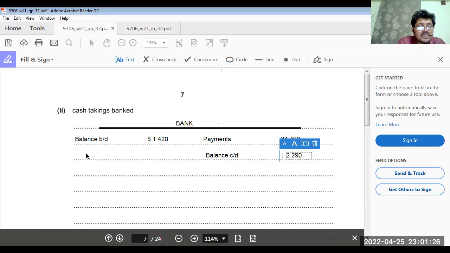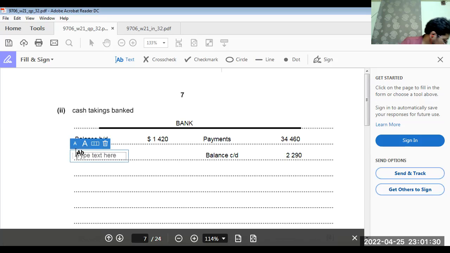Now we can easily calculate cash takings banked. How? Get the total over here.